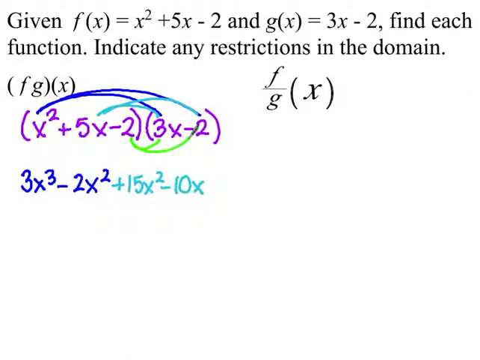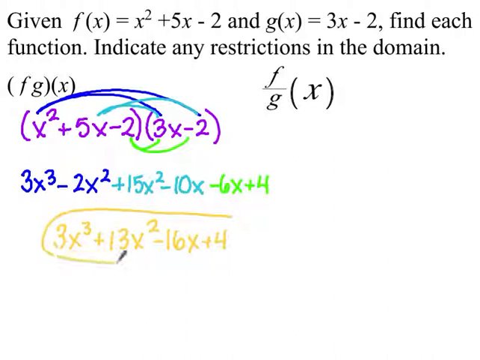If I distribute that, what do I get there? Negative 6x plus 4. So now I'm just looking to combine like terms. So I have 3x cubed plus 13x squared minus 16x plus 4. And there you go.